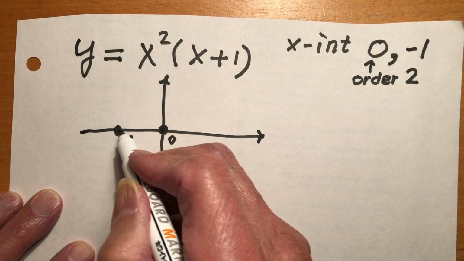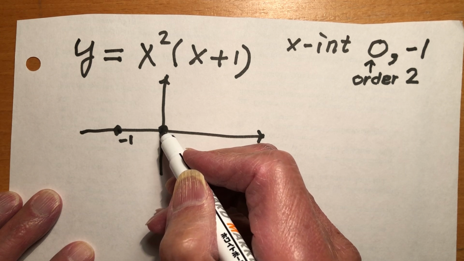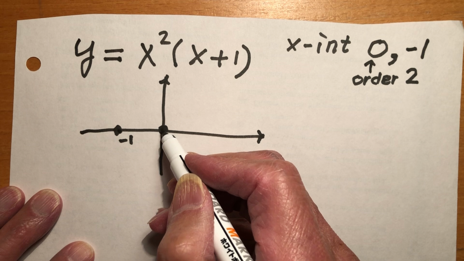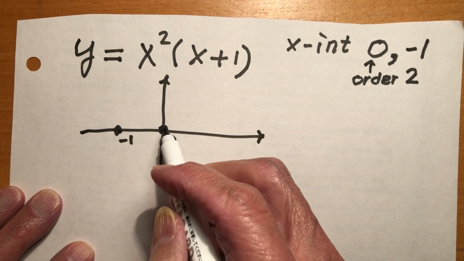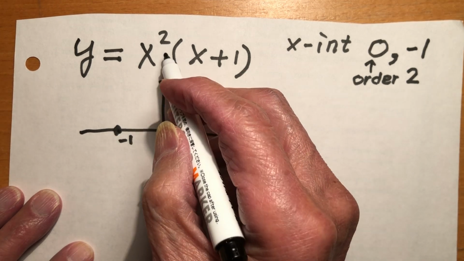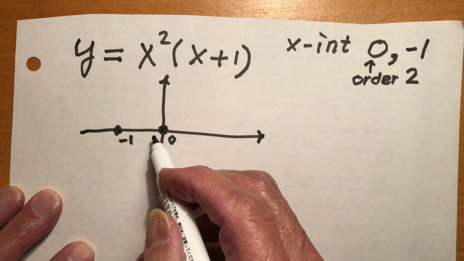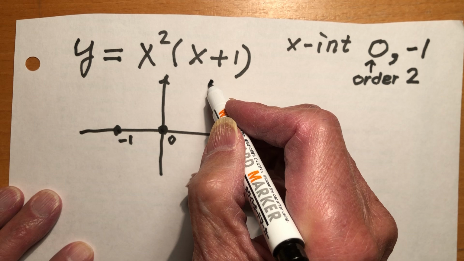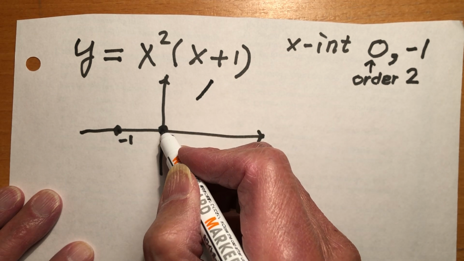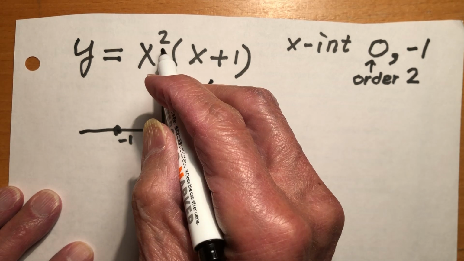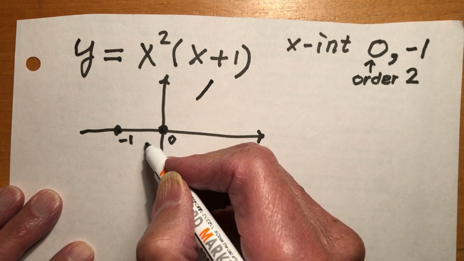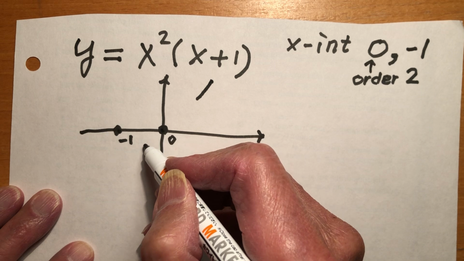So I have 2 points. This is both x-intercept and y-intercept. My graph must pass through this point and this point. But remember, this point is order 2. I start from here. I must pass through this point. For order 2, I do not cross it and go down.